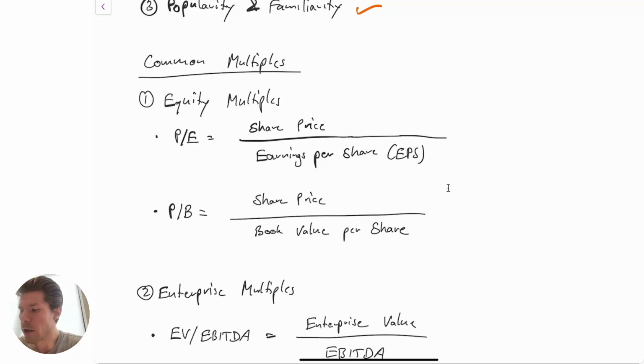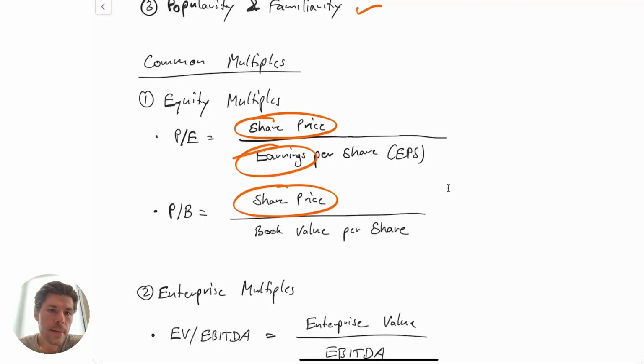The first one are equity multiples. It's called equity multiples because we are using equity information. Price to earnings, PE, price to book ratio, share price divided by book value per share, or when we look at price to earnings, share price divided by earnings per share.